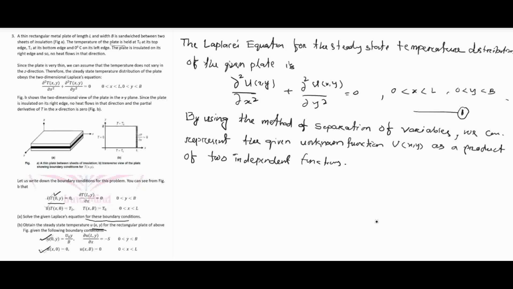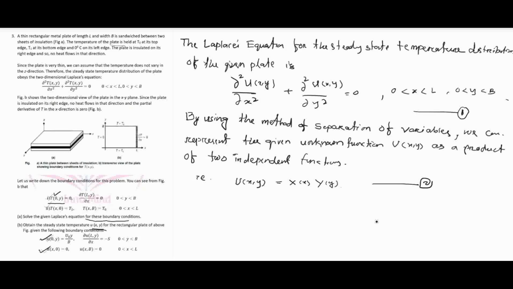That is, u(x,y) can be written as X(x) Y(y). This is equation number 2.